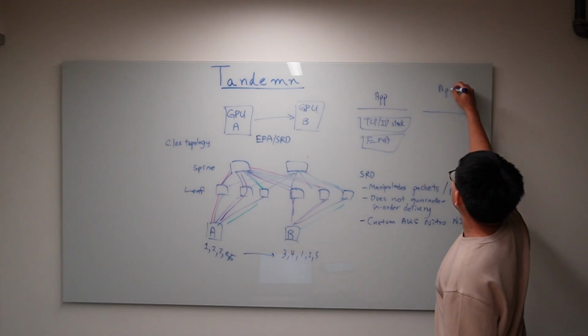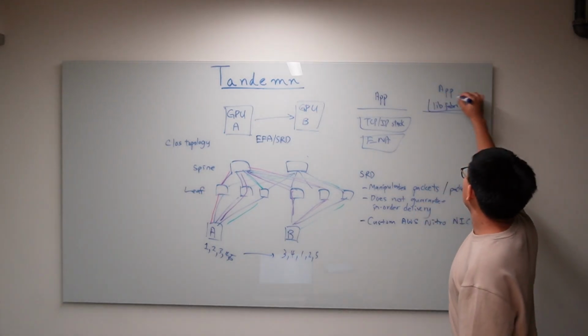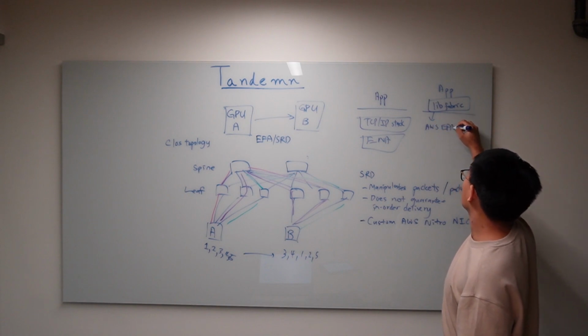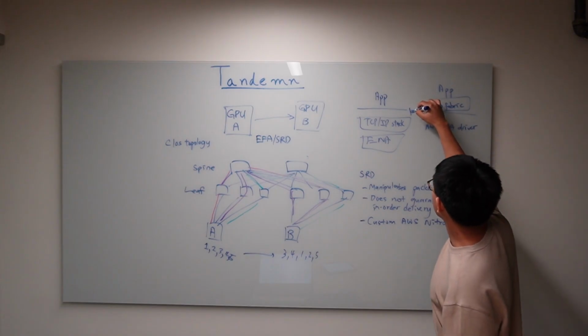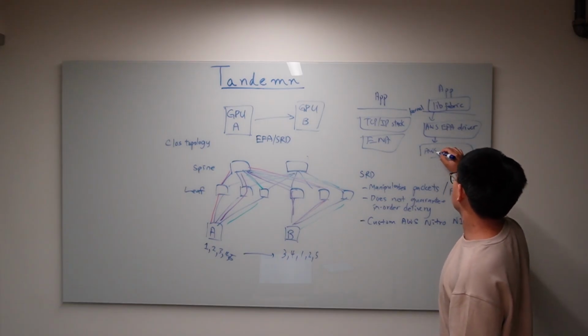Your app goes to the libfabric library, which is common for a lot of HPC applications. This will actually go to a custom AWS EFA kernel driver. So this is the boundary between kernel space and user space. And this will actually go to your AWS custom Nitro card.